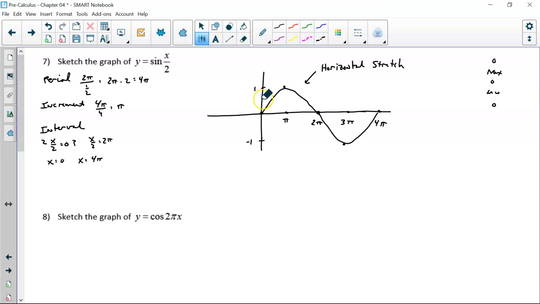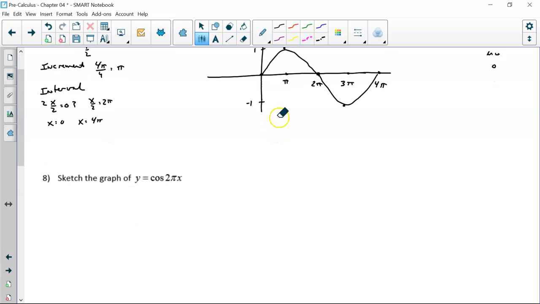Number 8. This is a cosine graph. So for cosine of theta or cosine of x, it goes max, 0, min, 0, max. That's the pattern it follows. And it does that at the increments that we find. Now, for the period, well, the amplitude, first off, is 1.